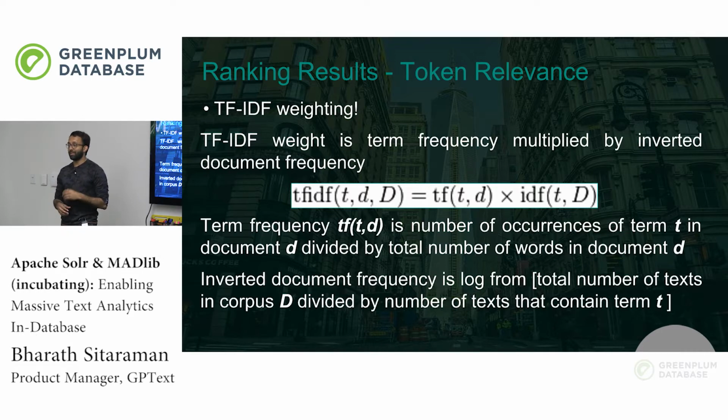So if you say, for example, Greenplum appears in documents 1, 4, and 10 out of 10,000 documents, and in each of those documents it appears 1,000 times out of like 2,000 words, it's going to place a lot of emphasis on those documents because it appears so many times, and it's in only those documents out of the whole set.